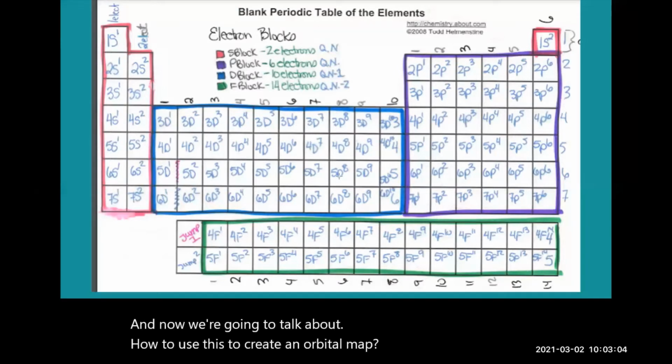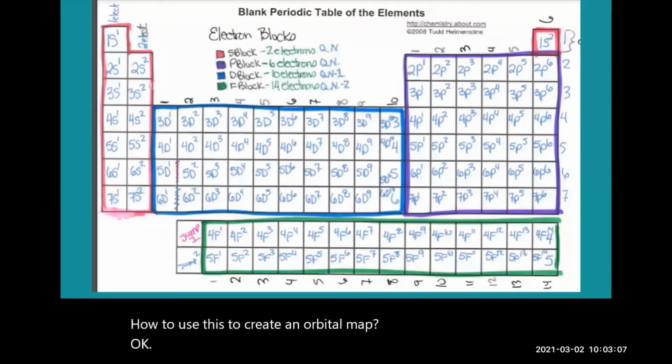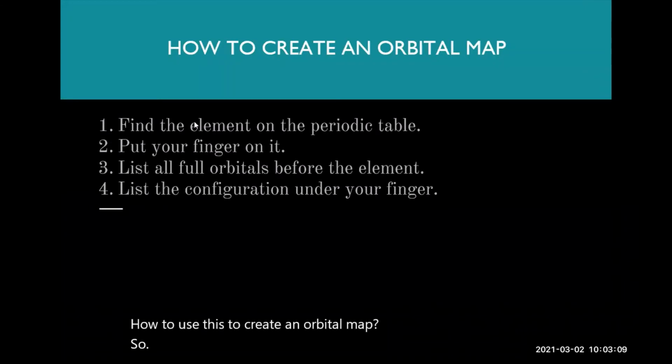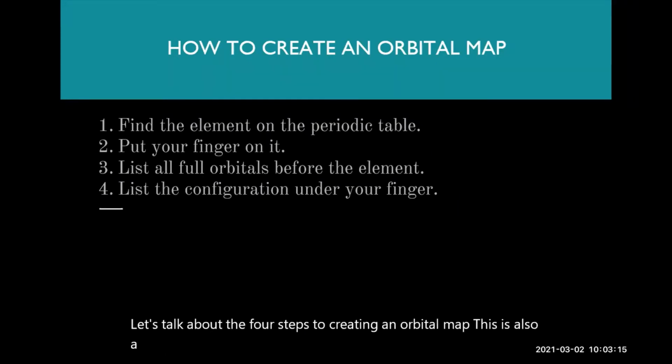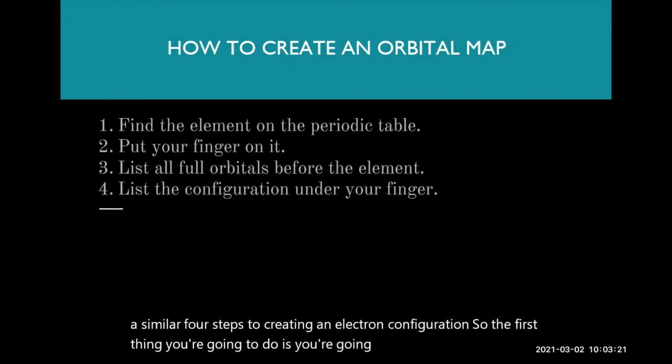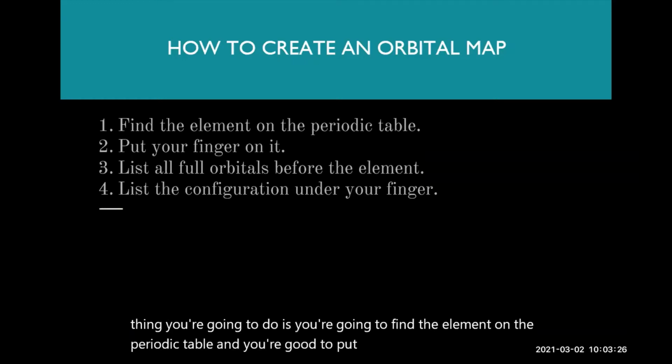Okay, so let's talk about the 4 steps to creating an orbital map. This is also a similar 4 steps to creating an electron configuration. So the first thing you're going to do is find the element on the periodic table and put your finger on it. Legitimately, put your finger on it.